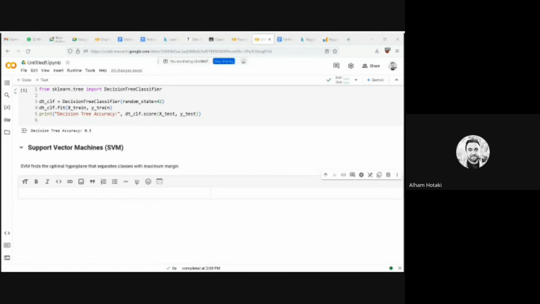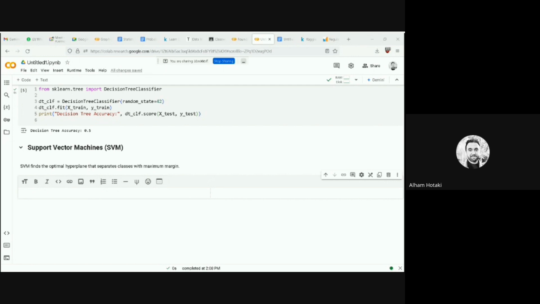Support vector machines is also another type of this algorithm. It's also used for these classifications. This is why we mentioned it there. And what is the concept? We have three things in this SVM. One, we have the hyperplane, which is there.